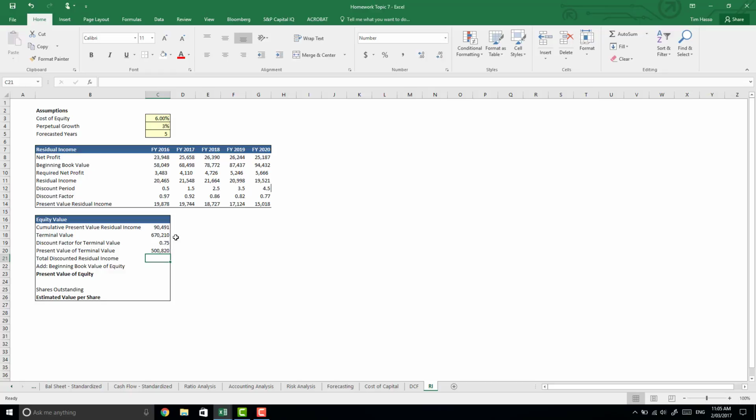So the total discounted residual income is merely equal to the cumulative present value of residual income plus the terminal value in its present value form.